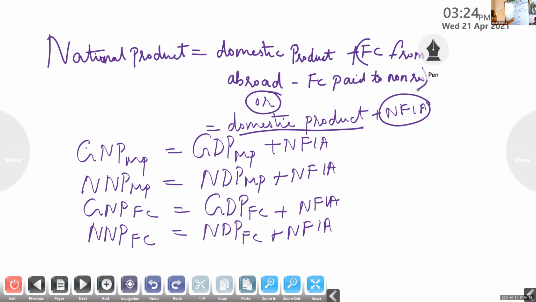What is the formula to find it out? That is equal to GDPMP plus NFIA. Write down all these formulas. GDPMP plus NFIA. What is this GDPMP? We have to find the value of all the outputs. That is what GDPMP means.